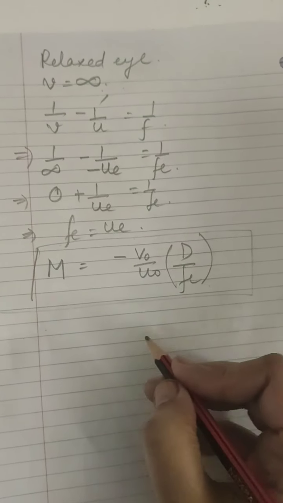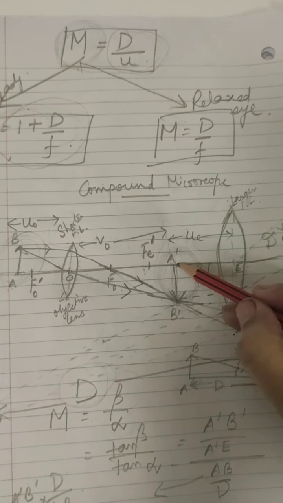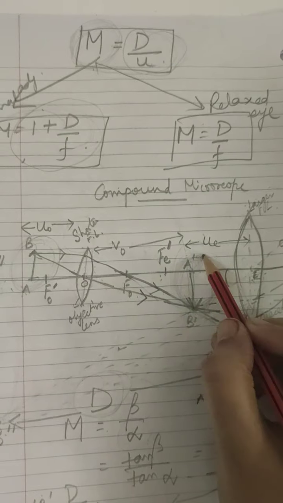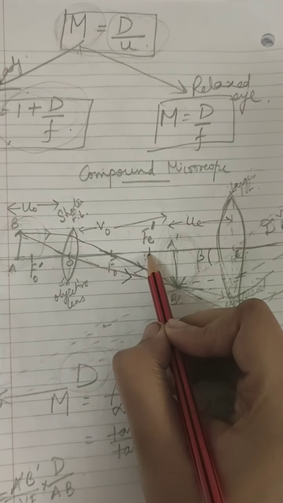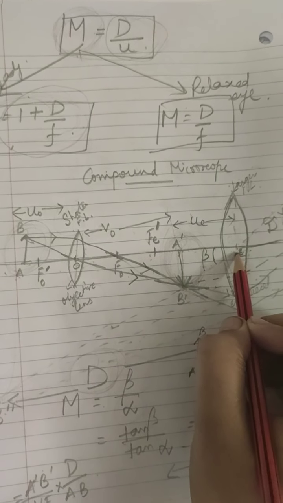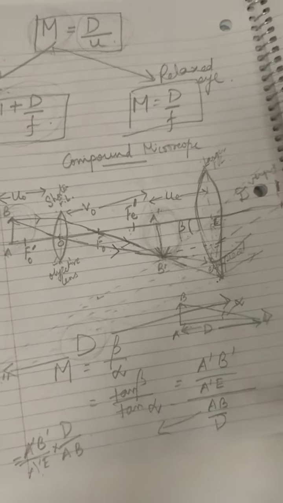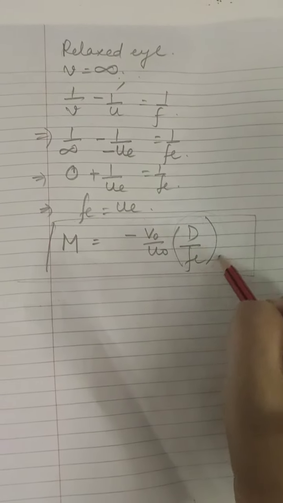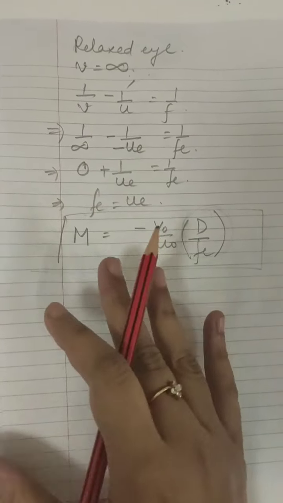For the final image to form at infinity, the image of the object should form at the first focus of the eyepiece. Let us draw it. Is the term D by FE similar to something we have done for the minimum magnification of the relaxed eye?